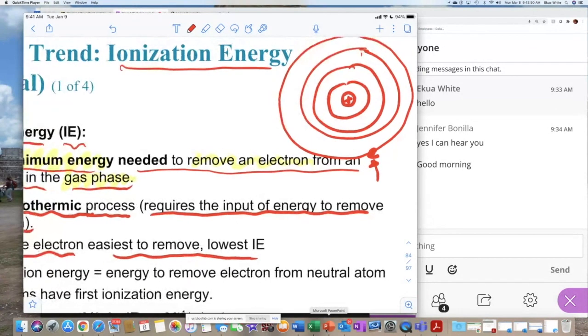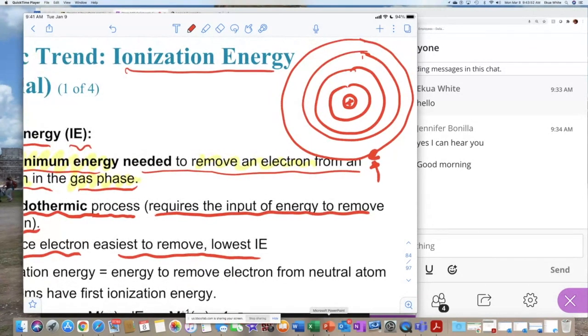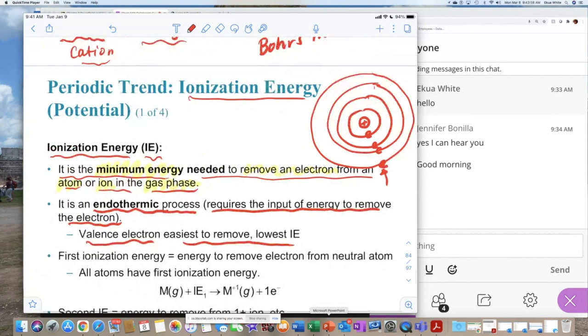That's what they're saying: this electron is a lot easier to remove than the one that's very close to the nucleus. So let's talk about this. Remember that all of these electrons are technically being held in space in their orbit according to Bohr's model, or in that energy level according to the quantum mechanical model, by the attraction they feel from the nucleus.